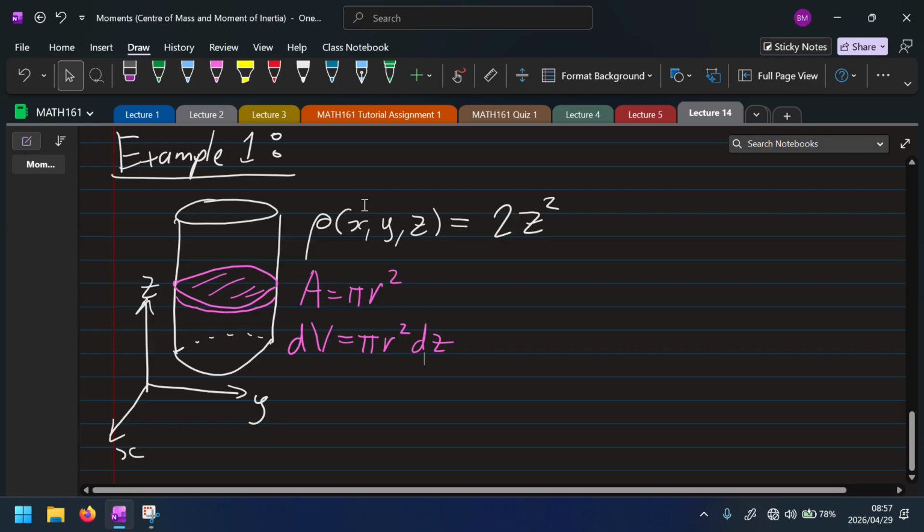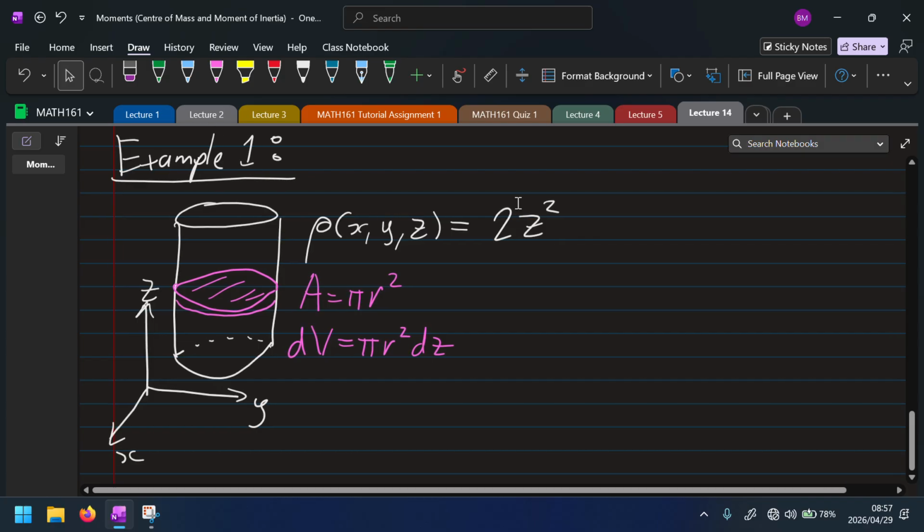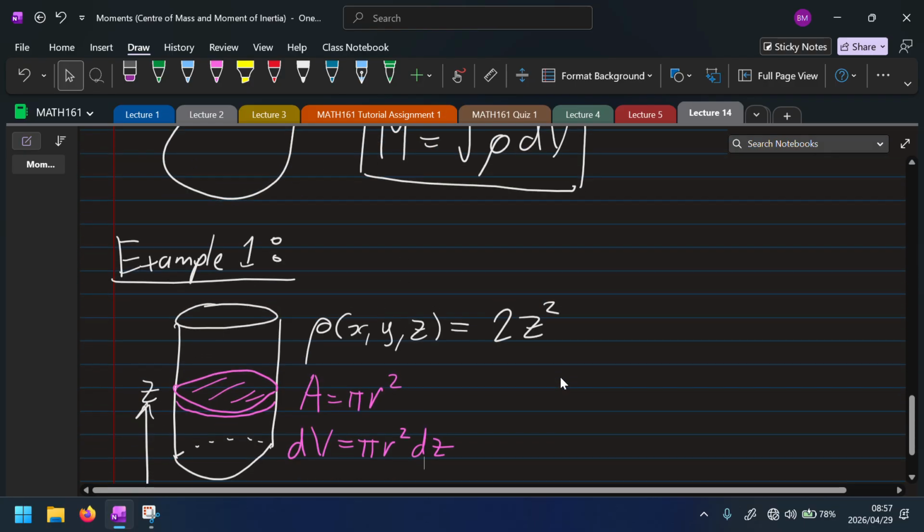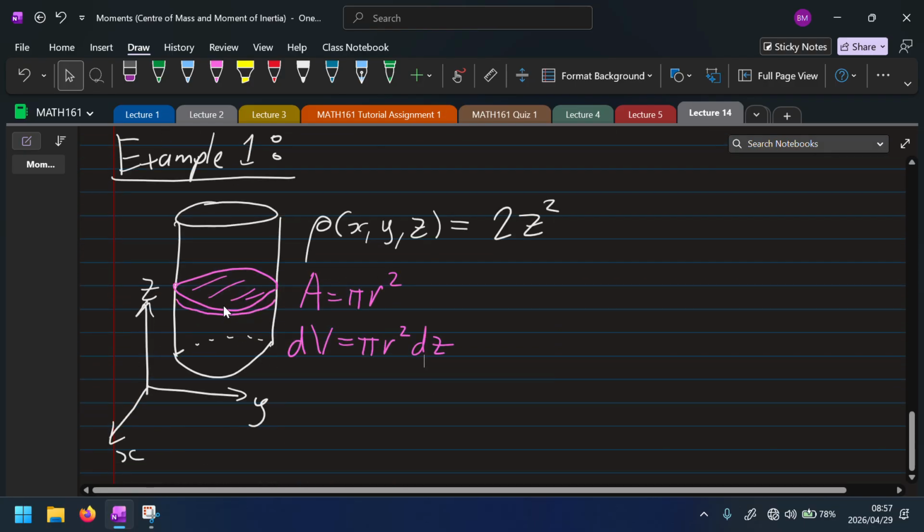Is that okay? Everyone good? Okay. So what do we want to do here? We want to work out the rho. How do we do that? We use the formula here, integral rho dV. Again, so we figure out what's dV. We see that we can slice this up into discs.